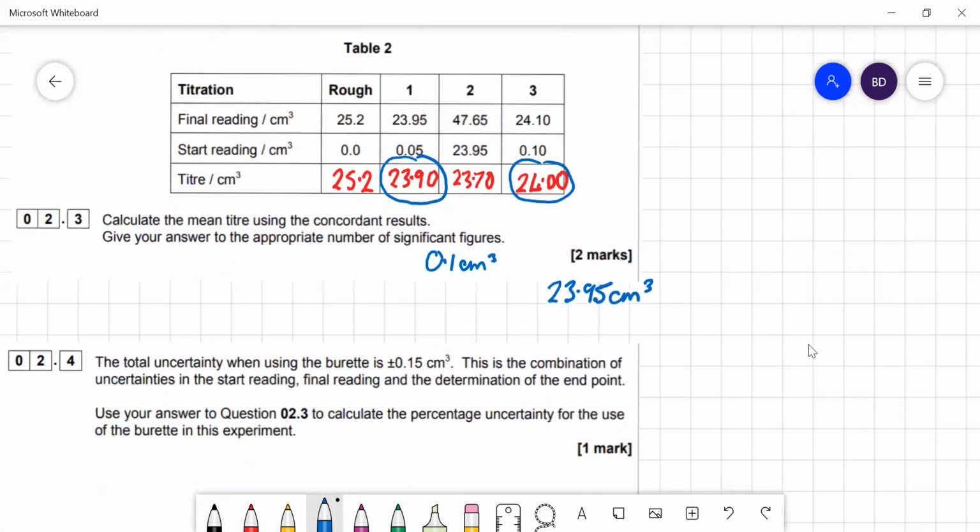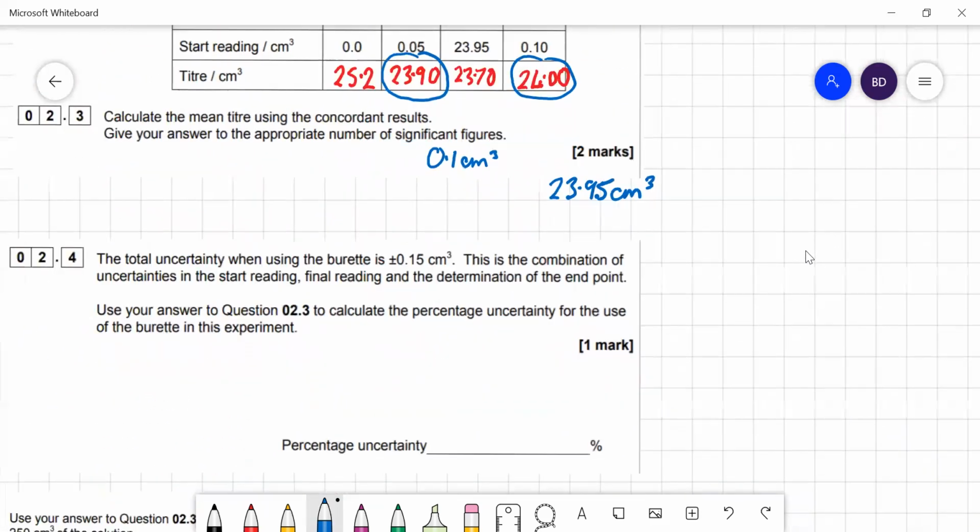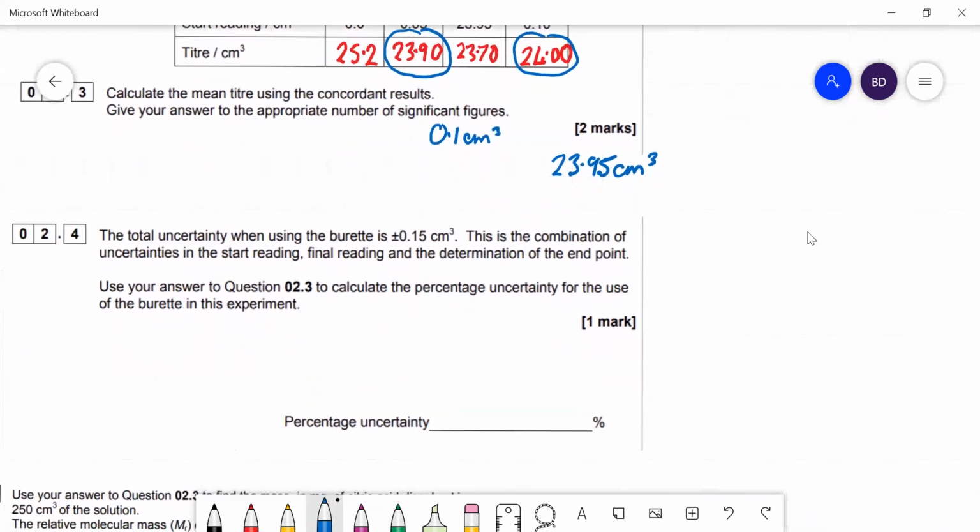Percentage errors then now. The total uncertainty when using the burette is plus or minus 0.15 centimeters cubed. This is the combination of uncertainties taking 2 readings, okay? Use the answer from 2.3 to calculate the percentage uncertainty. So the error we've got is 0.15 centimeters cubed, and the total volume is that.